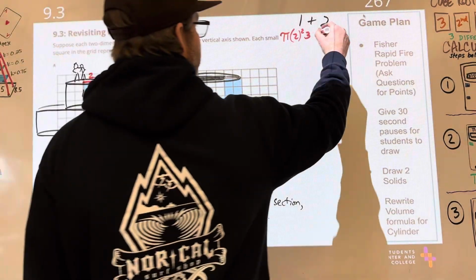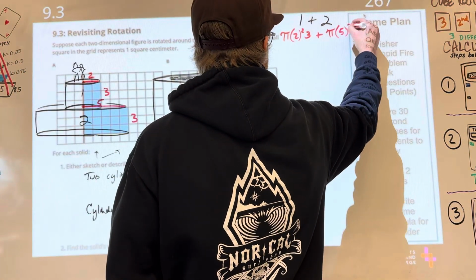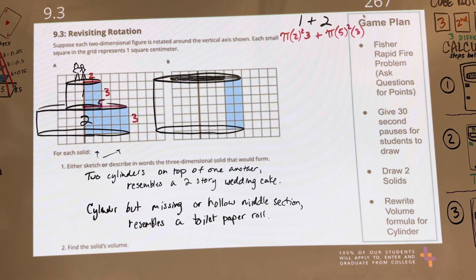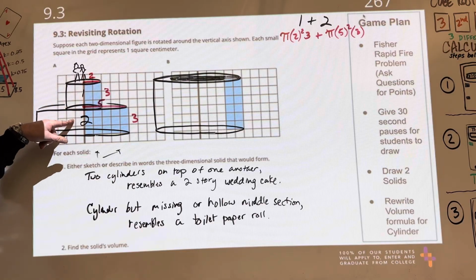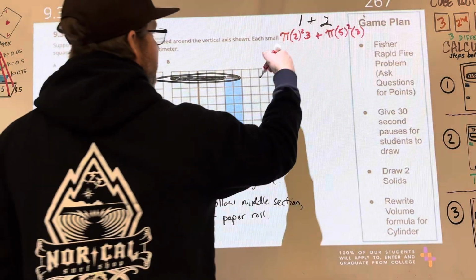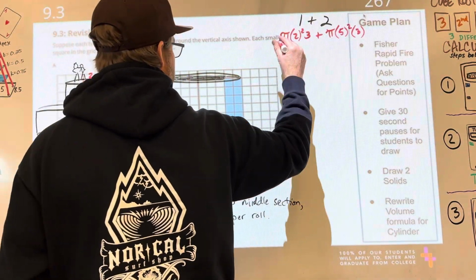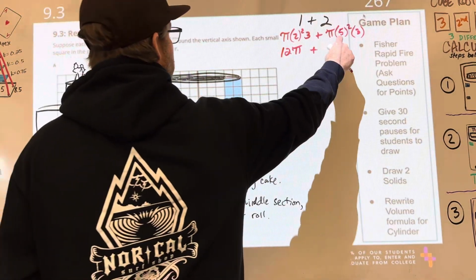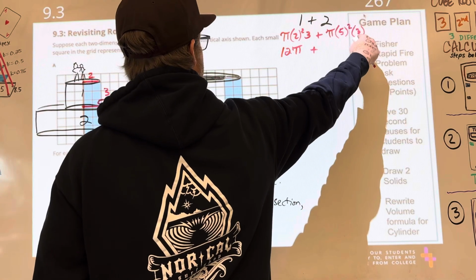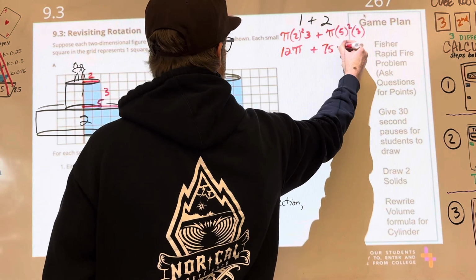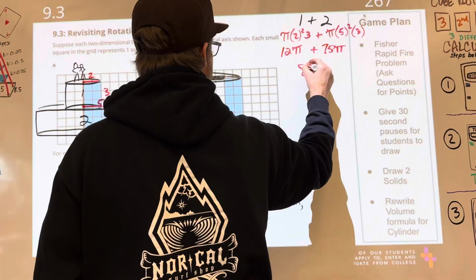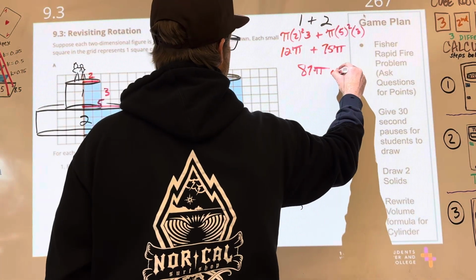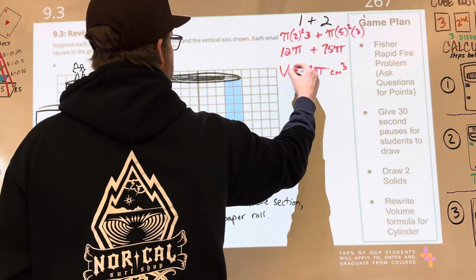So pi 5 squared times 3. It's going to be the first volume plus the second volume. It's pretty easy. 2 times 2 is 4, times 3 is 12, pi, plus 5 times 5 squared is 25, times 3 is 75. So 87 pi. And we're talking volumes, so you gotta say centimeters cubed. That's the first one.